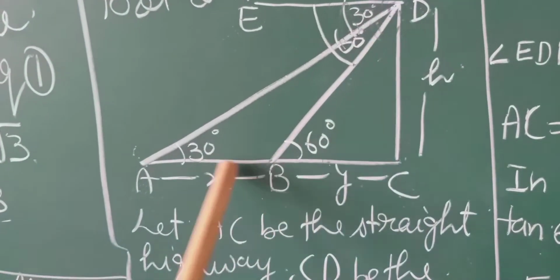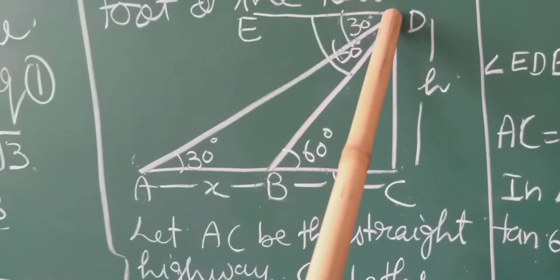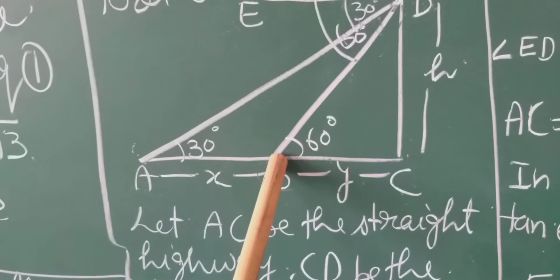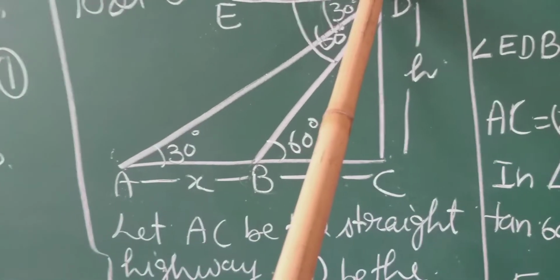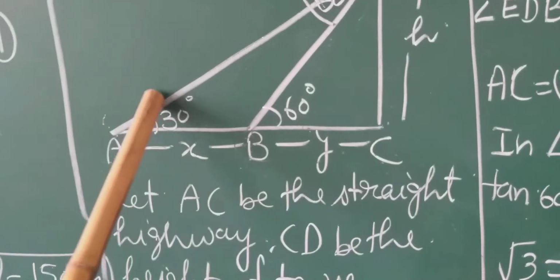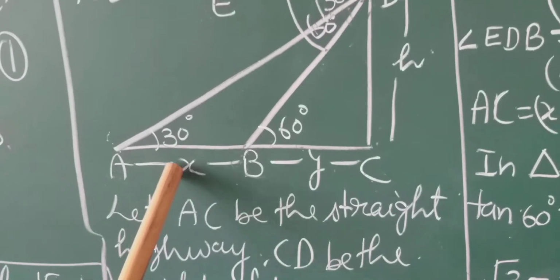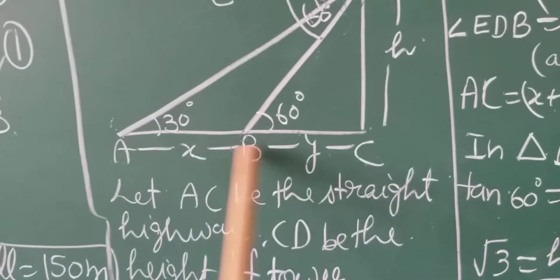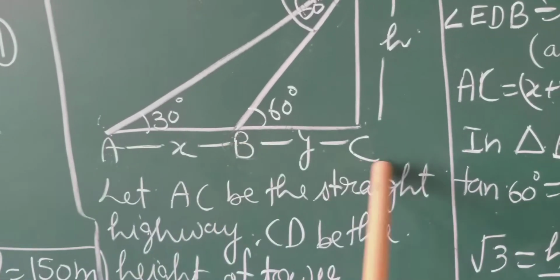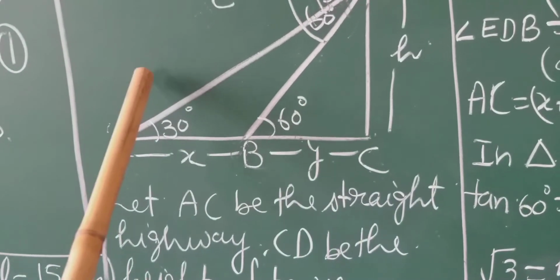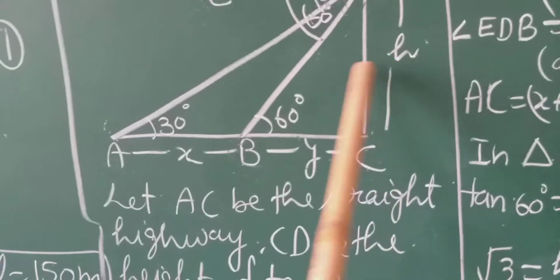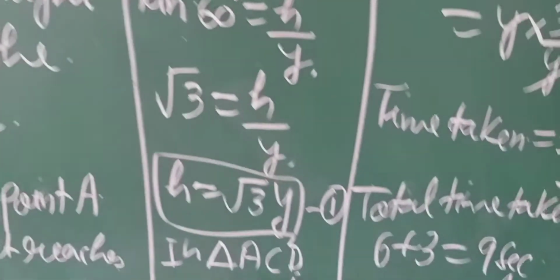It is wrong because ABD is not a right angle triangle. So we have to take triangle ACD. In triangle ACD, tan 30 degrees equals h upon x plus y. Base is x plus y, perpendicular is h. That's why tan 30 degrees equals h upon x plus y.